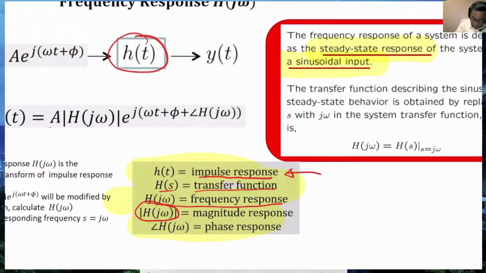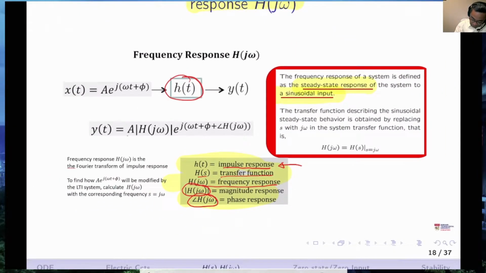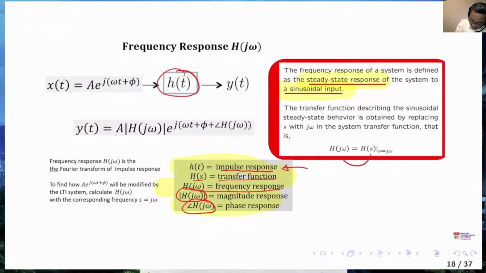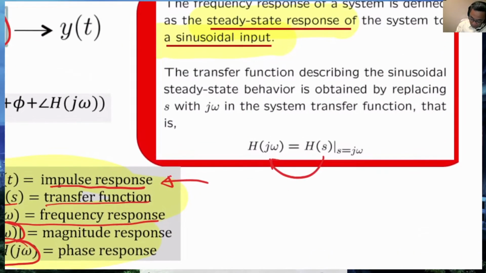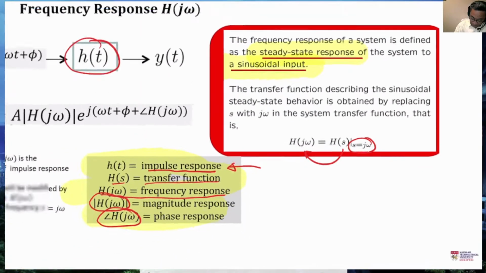The magnitude response, with the two little bars, is nothing but taking the absolute value of H(j omega), and this is taking the phase angle of H(j omega). And remember, to go from the transfer function to the frequency response, all we need to do is to set s equals j omega.